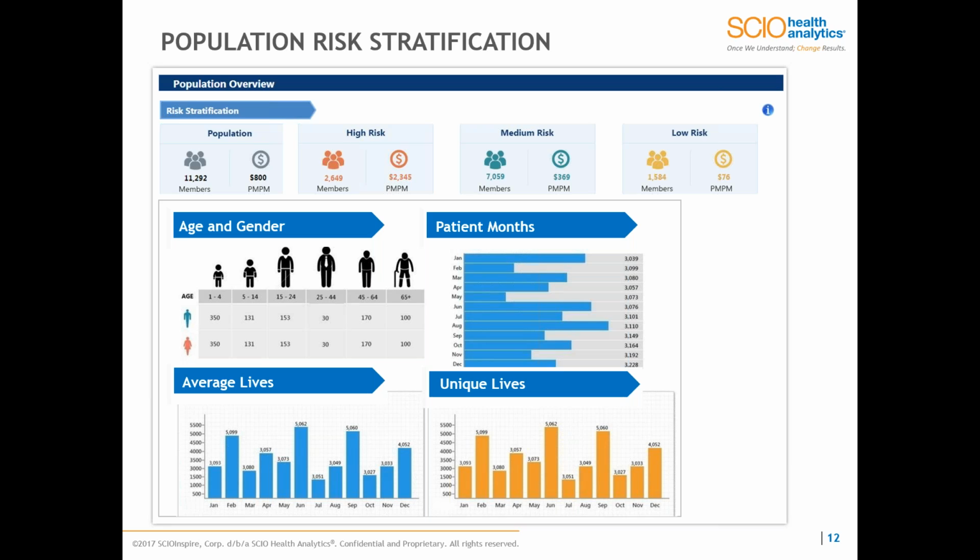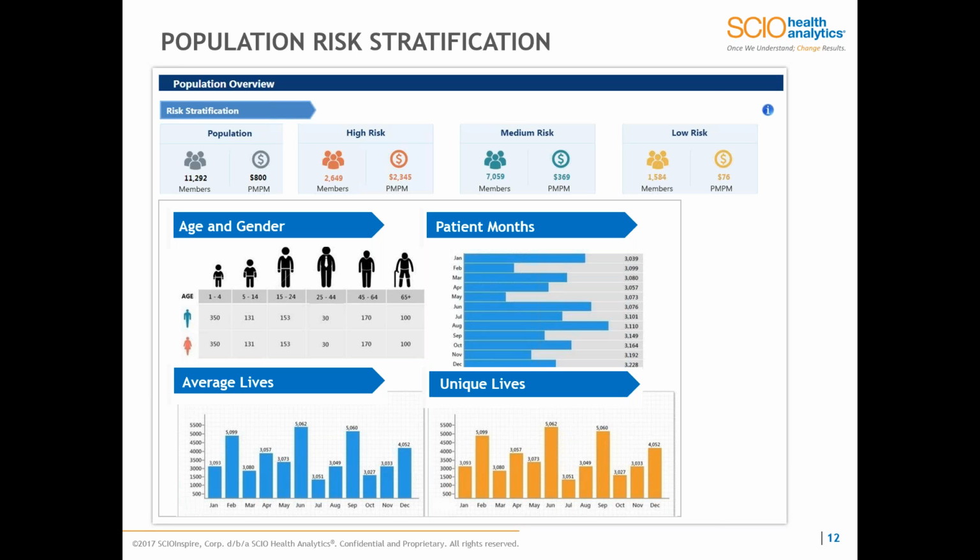With those visuals, you can drill down all the way to the member level, so you can first have a high-level picture of high risk, medium risk, low risk. These are simple things for understanding and stratifying your population: how many members you have, the distribution of age and gender, your unique lives and patient months, and average lives.